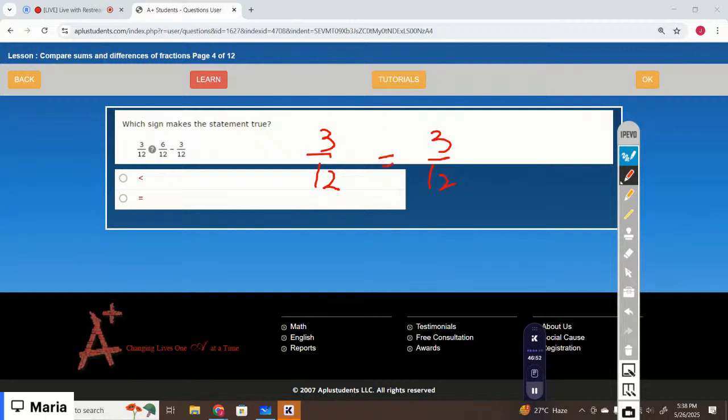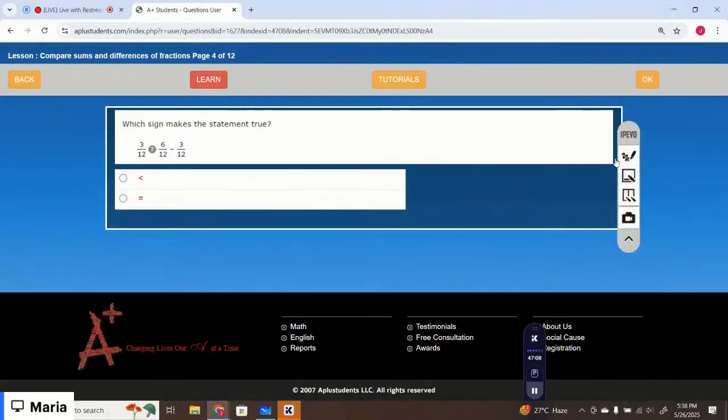So they both are exactly equal. So 3 over 12 is equal to 3 over 12. The correct option is equal. Option number 2 is the correct option.